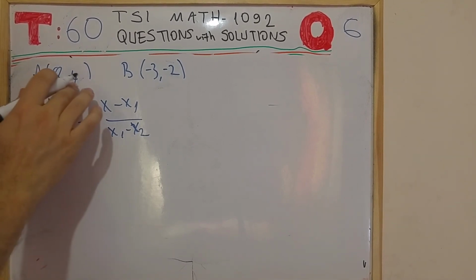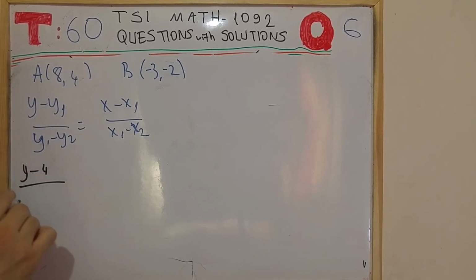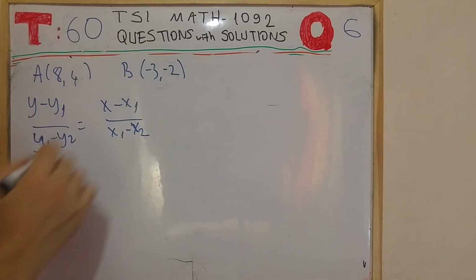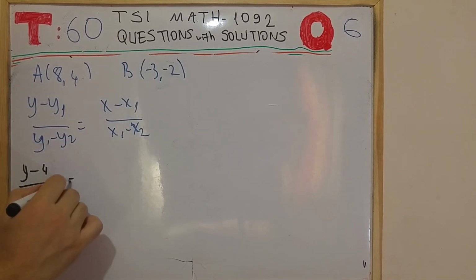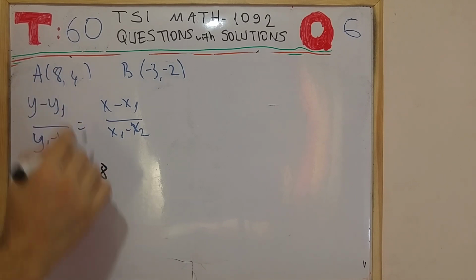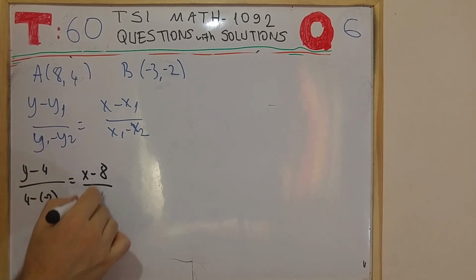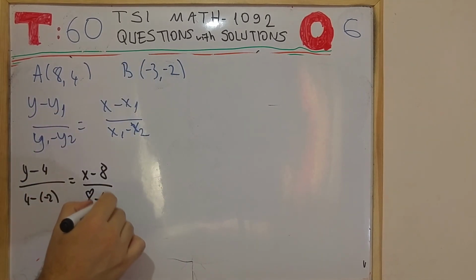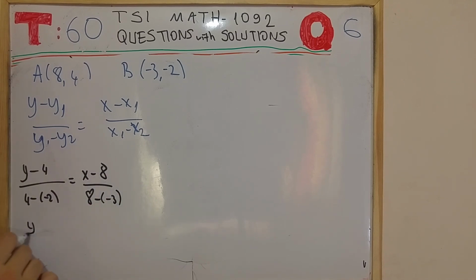(y minus 4) over (4 minus 2) is equal to (x minus 8) over (8 minus 3). So (y minus 4) over 6 is equal to (x minus 8) over 11.